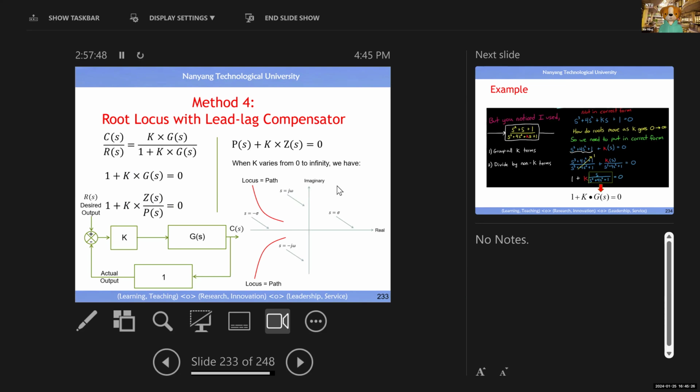You remember when zeta equals 0.7, you have a fast response. So 0.7 means what? The root is in the direction of 135 degrees. So you choose the root along this line, then you have a fast response. How do I know whether I have a root on this line?